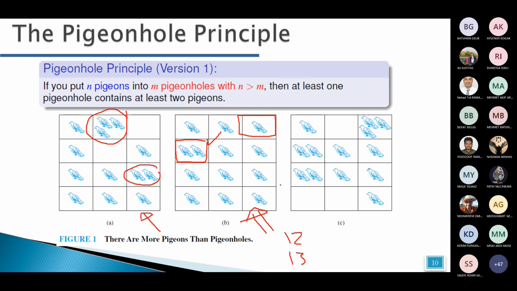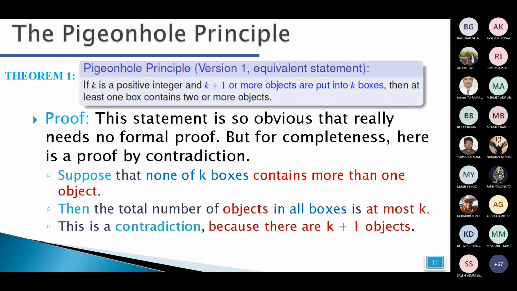This is the rule. If we have n pigeons, more than m, the number of holes, then at least one pigeon hole contains at least two pigeons. Maybe some will say, oh, it's funny, everyone knows it, but this rule is actually used in many problems around us.